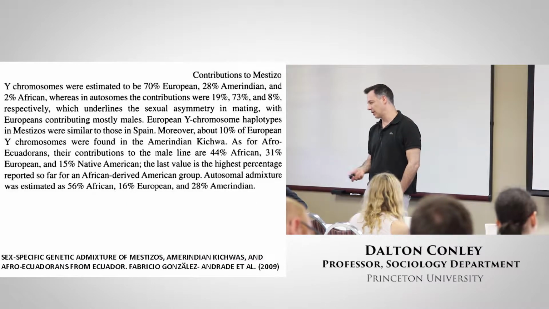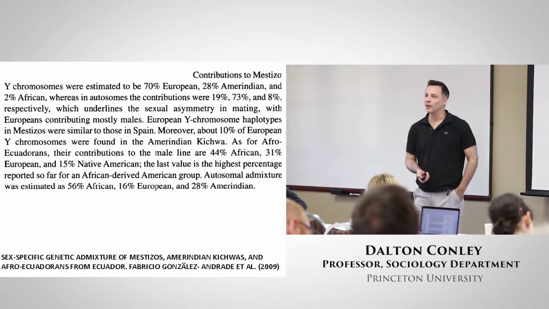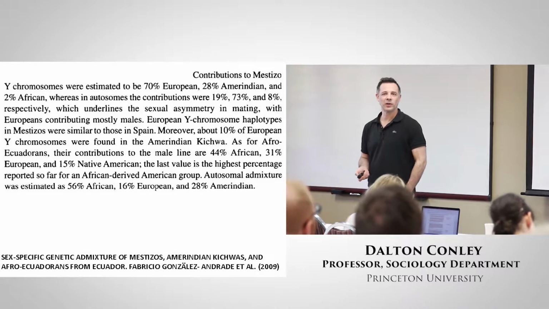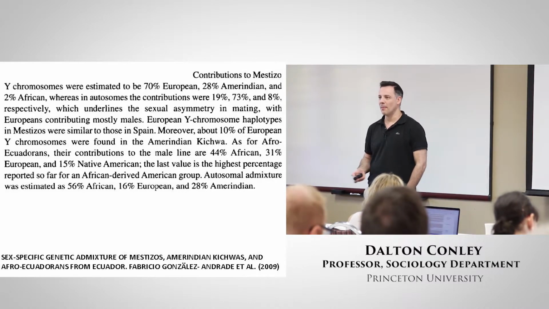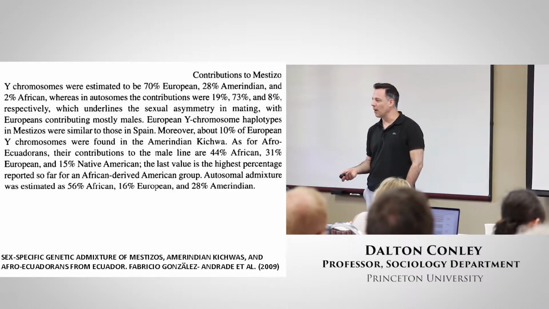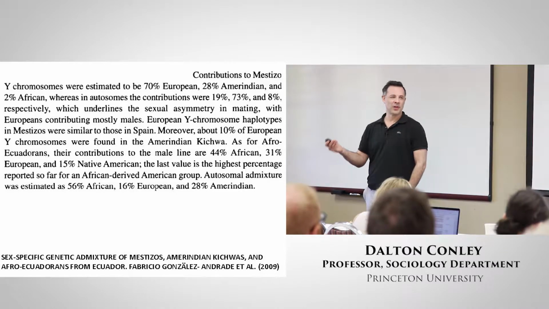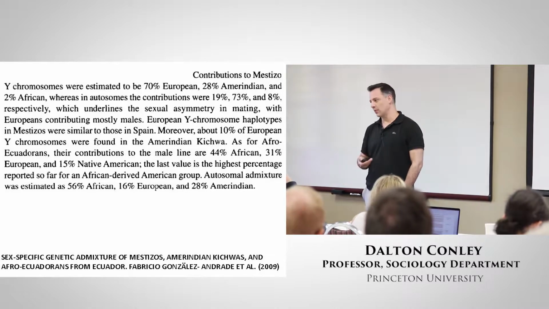I'm going to skip through this, but this is an example from Ecuador, where there were very few written records during the encomienda period about mating between three populations: the indigenous population, the African slave population, and the conquistador population. And yes, some things were obvious, like the conquistadors were men who raped women.